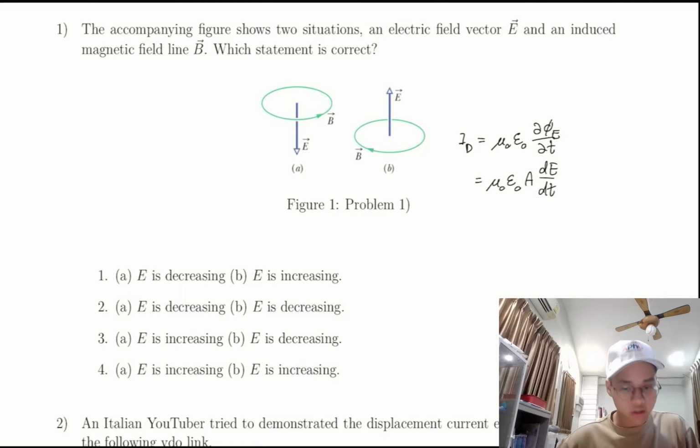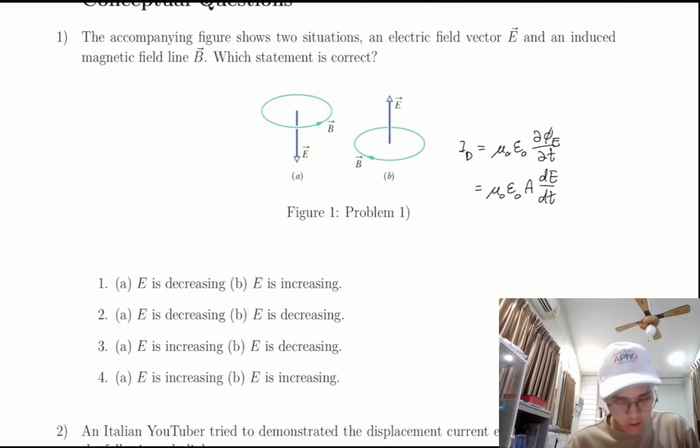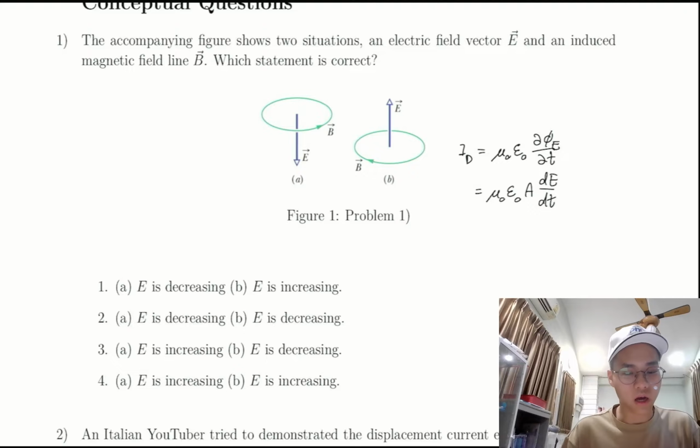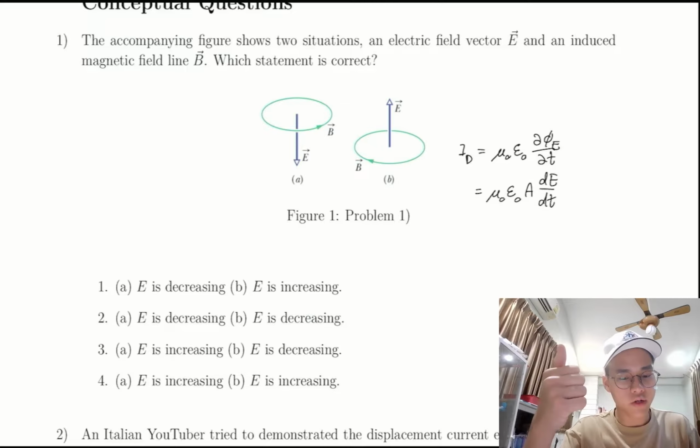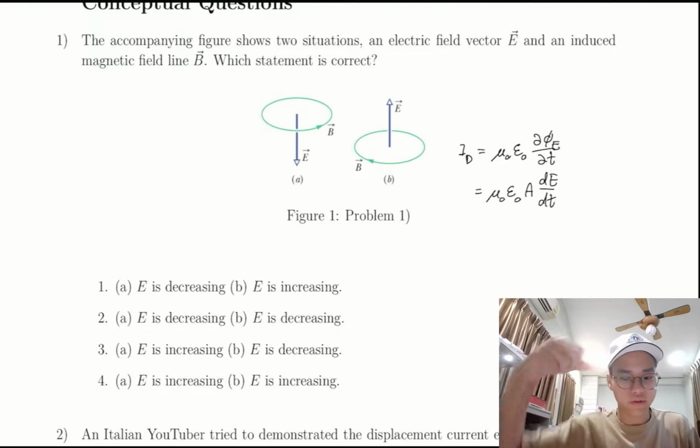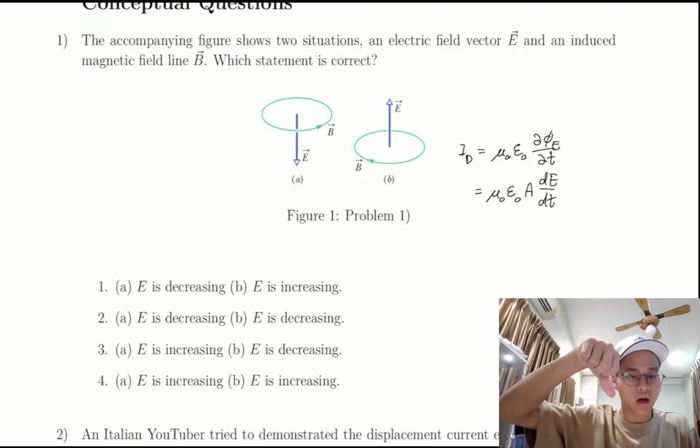electric field. So in figure A, the direction of electric field goes like this, right? By the right hand rule, the change of electric field must go upward. But since you see the direction of electric field is downward, dE by dt must be negative, right?